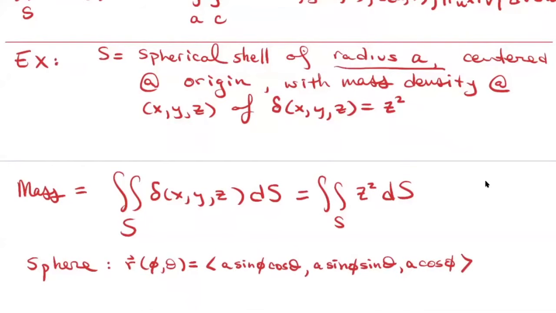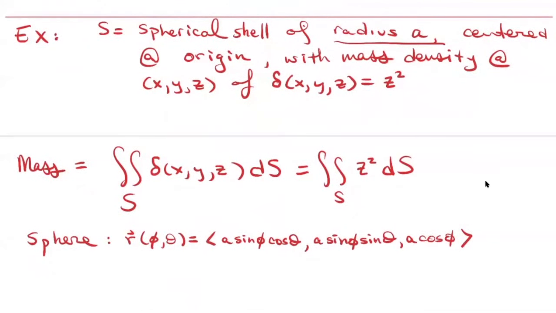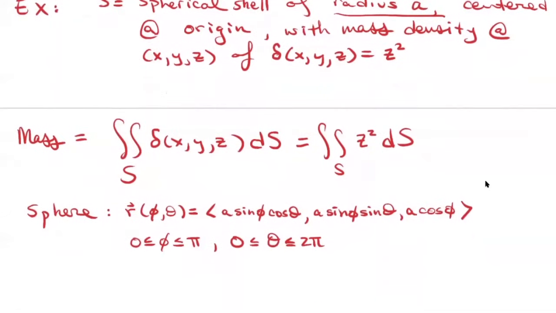Okay, like that. And we remember that phi ranges from 0 to pi, and theta from 0 to 2 pi. So that's sort of old news there.